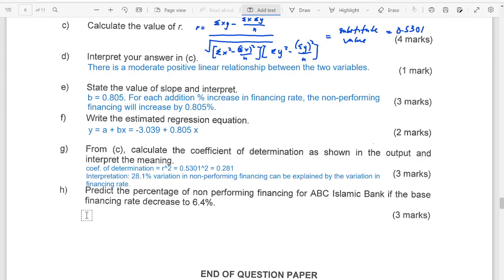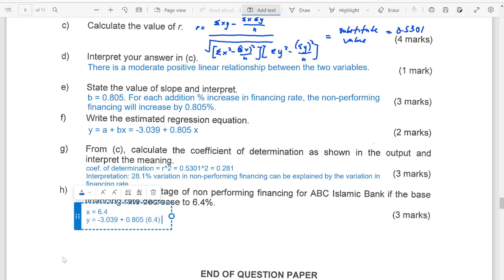So just simply substitute. So in this case, X is equal to 6.4, right? So substitute in Y. So you have Y equal to, just now is negative 3.039 plus 0.805 and then multiply with the value of 6.4.